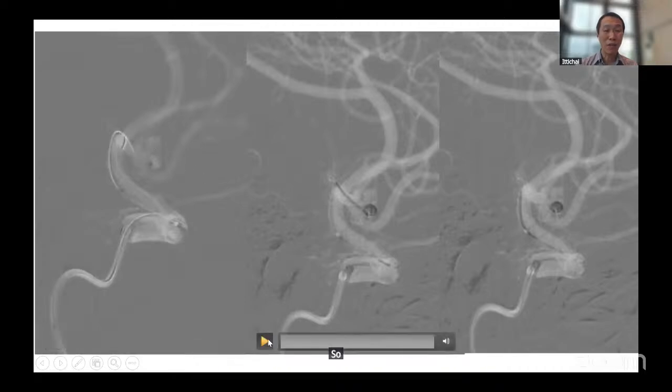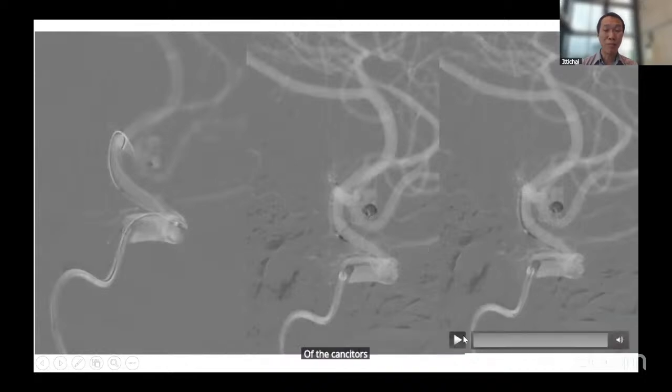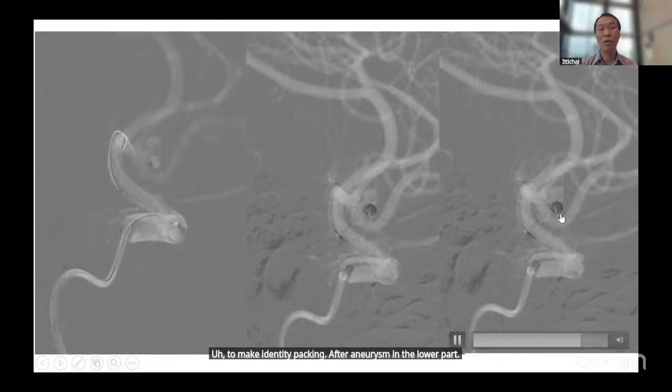So I continued to coil the lower part first because the catheter is really stable there. I put in more coil to make dense packing of the aneurysm in the lower part, or lower lobe.